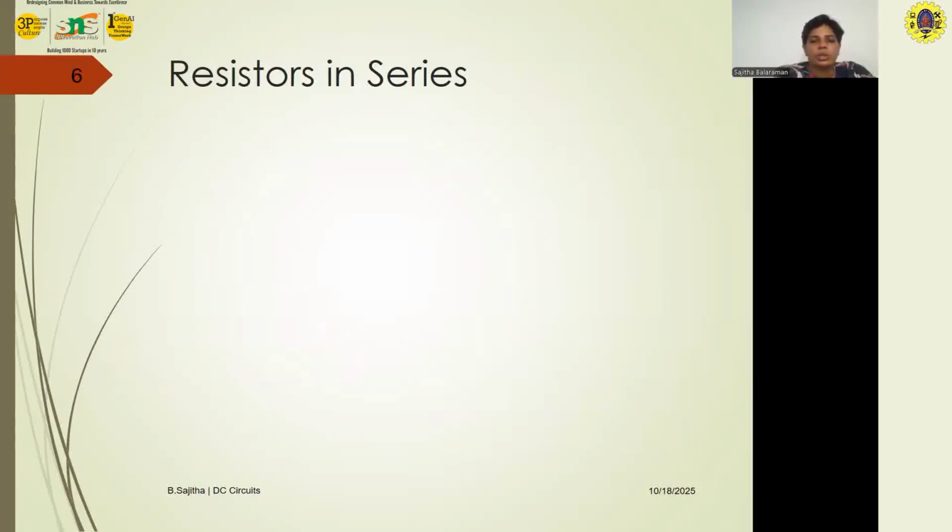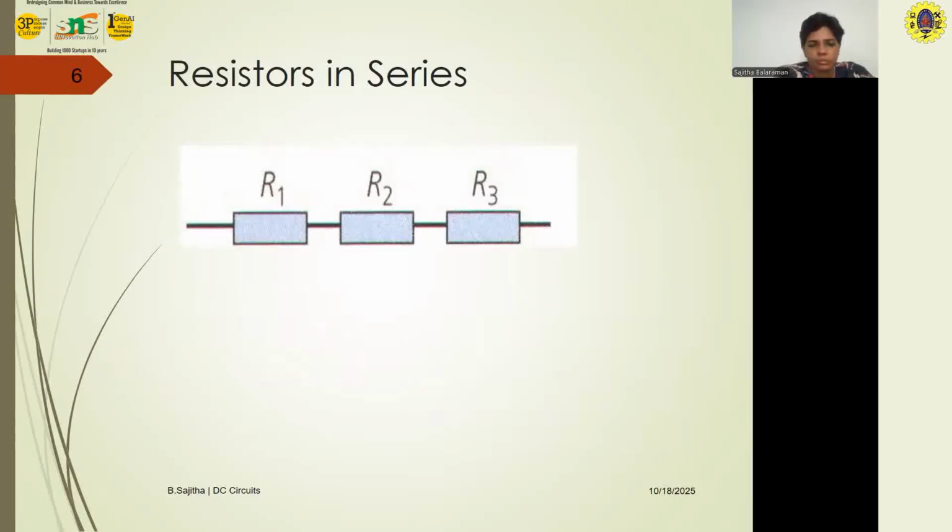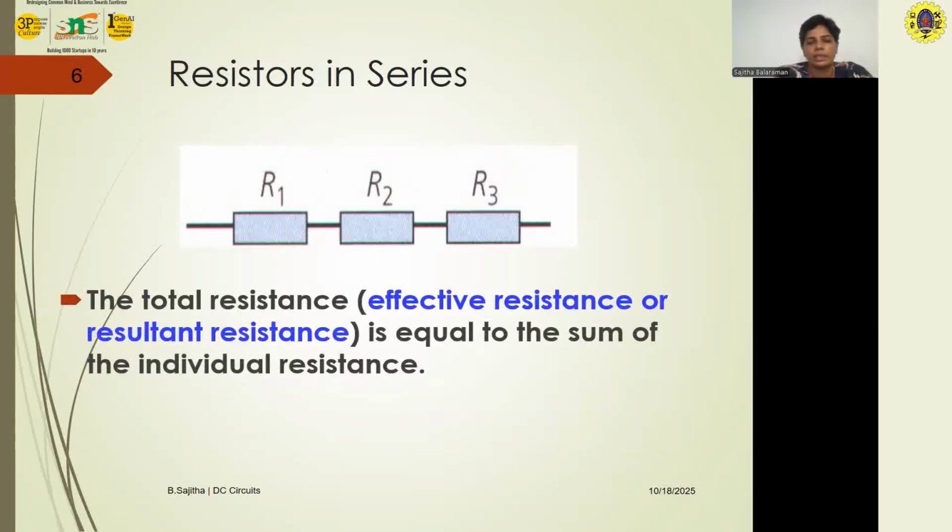Coming to resistors in series. As we have seen in the circuit here, let us assume there are three resistors R1, R2 and R3 connected in series. You can clearly see one terminal of resistor R1 is connected to the other terminal of resistor R2, likewise R2 and R3.